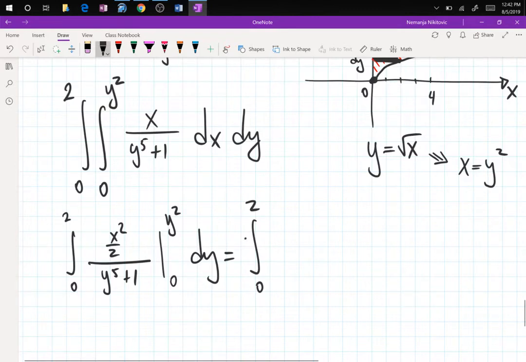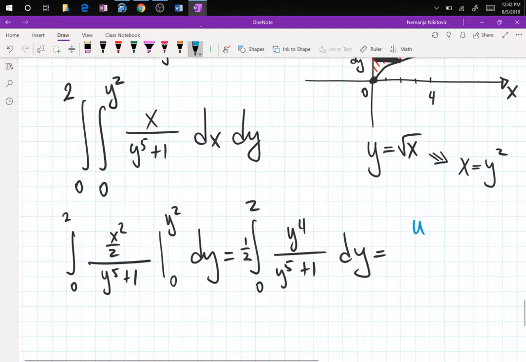I can kick 1/2 in front of the integral, and y squared squared is y to the 4th over y to the 5 plus 1 dy. Basic u sub. u equals y to the 5 plus 1. du equals 5 y to the 4 dy.